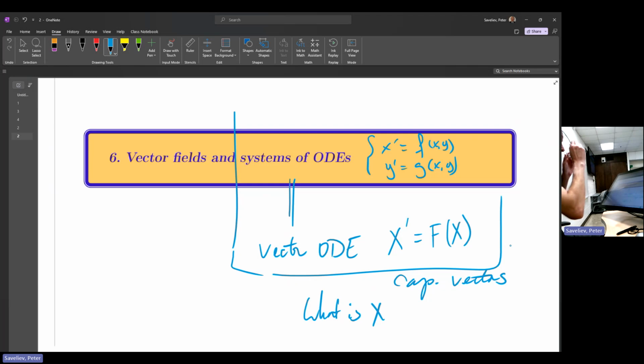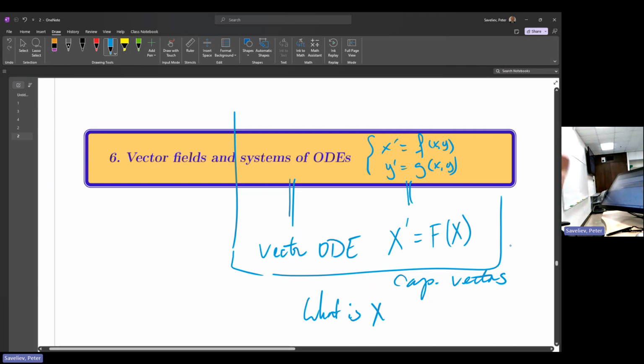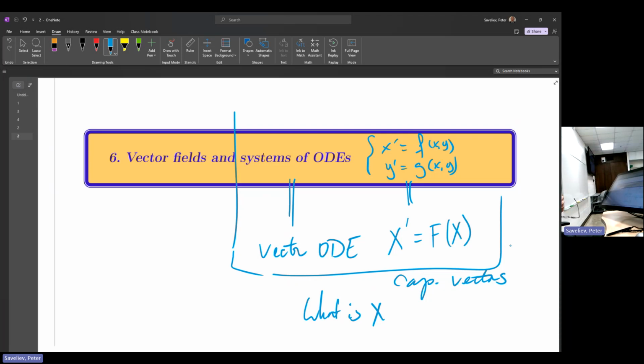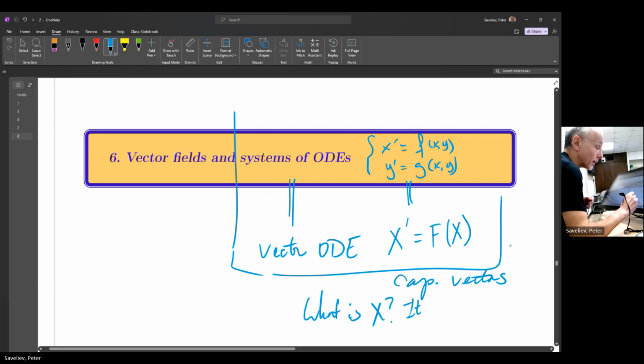Like I said, you don't have to guess. I'm saying that these two things are the same. The system is at the top, and at the bottom I have written this one single equation, but I call it a vector equation because everything involved are vectors, and specifically, you can probably think of an example where X is, what do we call it?